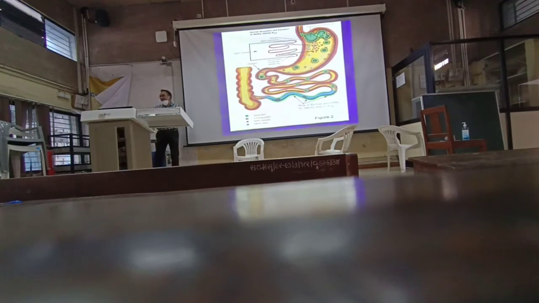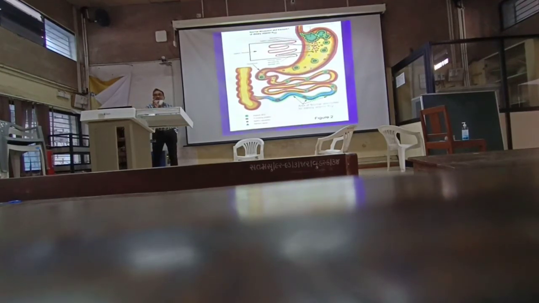This is a common figure present in your book also. The large green dots, the targeted large green dots, are the vitamin B12, which when it enters the stomach will usually bind with the R-binding protein. And R-binding protein will drag this vitamin B12 molecule from the stomach to the duodenum. In the duodenum, this R-binding protein will leave the vitamin B12 and intrinsic factor will bind to that position of vitamin B12.